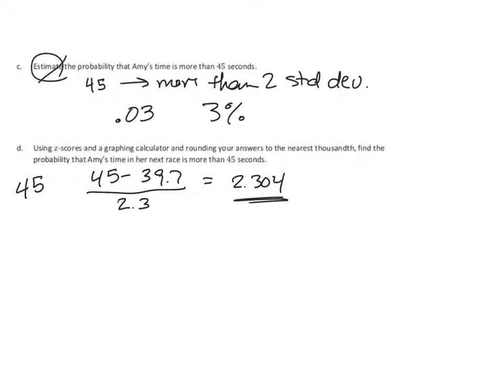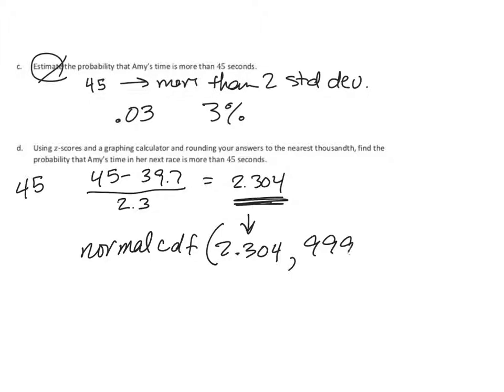So this is going to be the low end of our limit when we do our normal CDF. Our high end is a large number, and practically speaking, we're going to use 999 for an upper bound. That's just something we'll do every time when we don't have an upper bound.